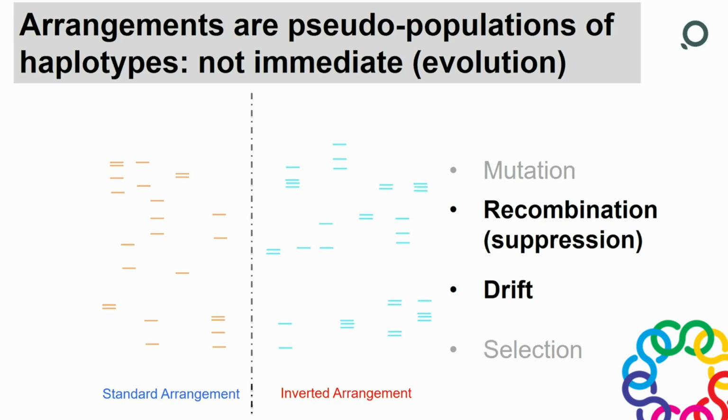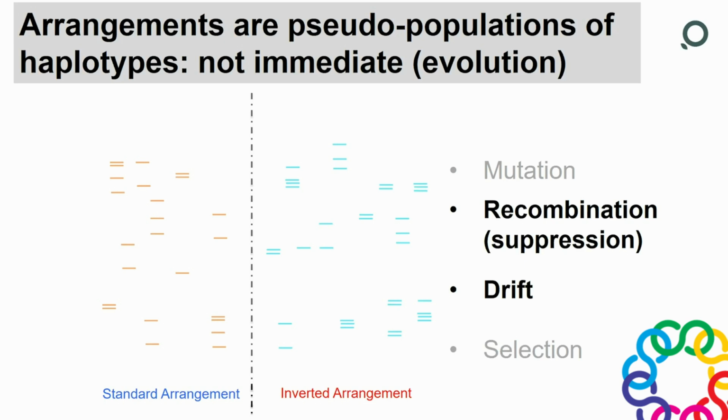What is happening is that we have the typical selective processes that are always happening on the genome. But if you have an individual carrying the inverted and non-inverted part, then in that region you do not have recombination. So the recombination is suppressed. And because you have a lack of recombination in heterokaryotypes, you are also dealing with drift in these regions because you have a different effective population size of that genomic region.